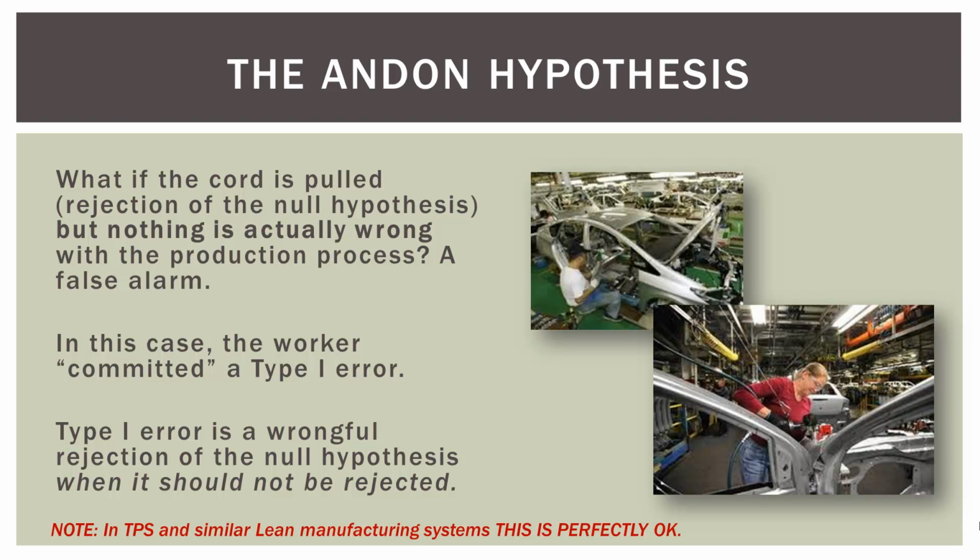This is perfectly okay. So if the worker thinks there is something wrong, they are required to reject their null hypothesis, reject the assumption that everything is going okay, pull the cord, and stop the production line. They are not supposed to worry about whether or not they are correct or incorrect. And that goes to the idea of the difference in the real-world consequences between type 1 and type 2 error, which we'll talk about here in a minute. But actually, this type 1 error is okay in this type of production system.